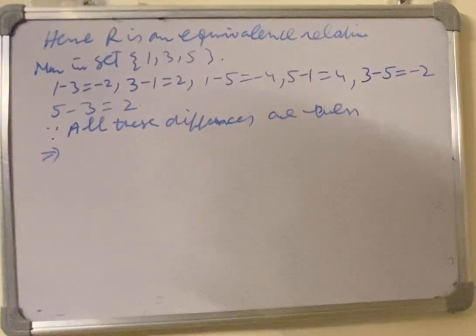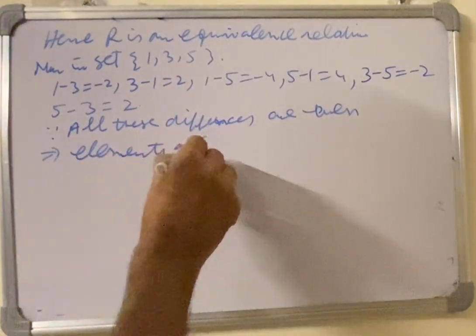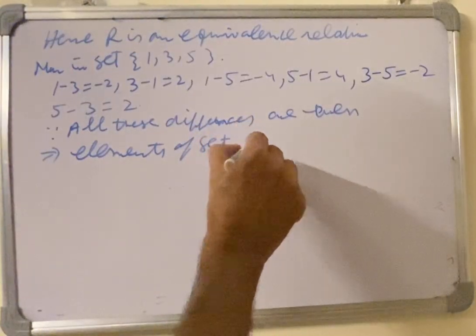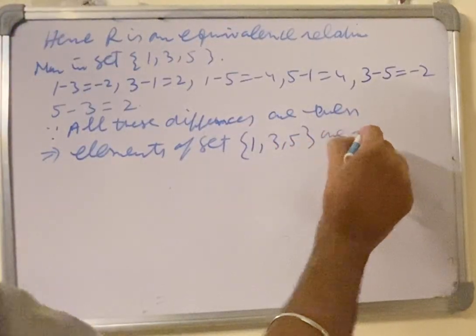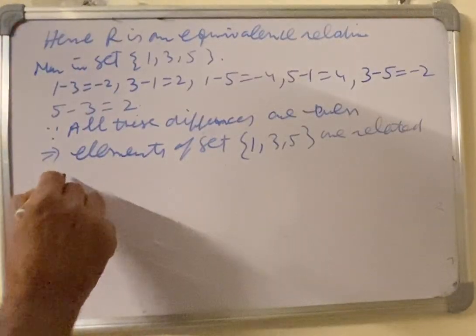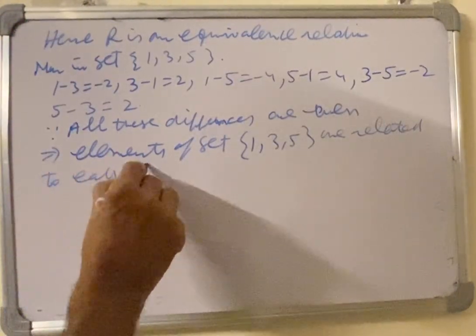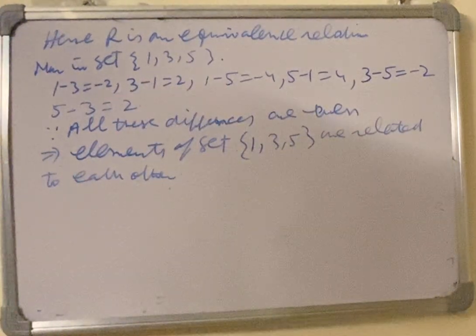therefore elements of set 1, 3, 5 are related to each other. We have seen here the difference of any two elements of 1, 3, 5 is even. This is the definition of the relation. So they are related to each other.